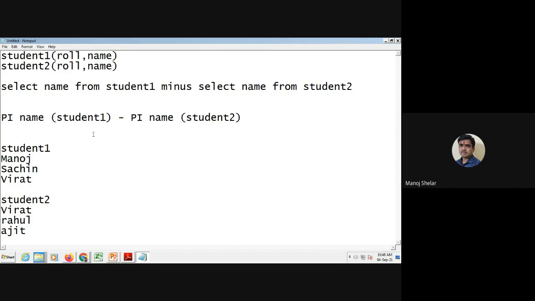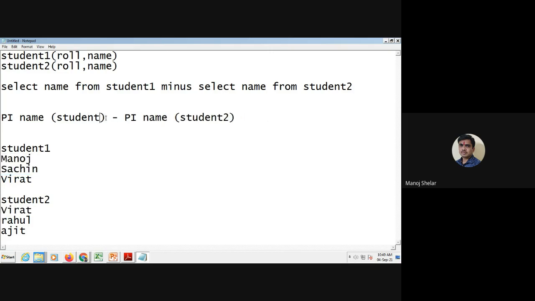The minus operation means except the common values, display the remaining of the first table, first relation. So the common one is Virat, which is common in both. So the output of pi name student 1 minus pi name student 2 is Manoj and Sachin, the result of this relational algebra query.